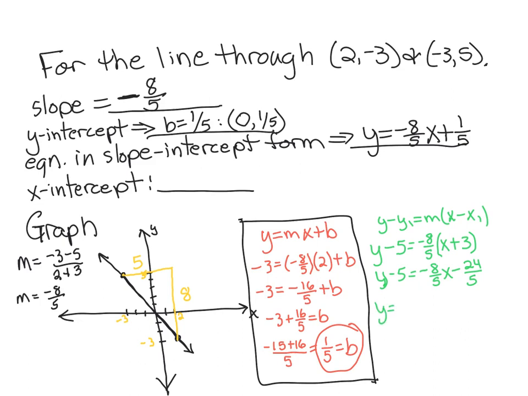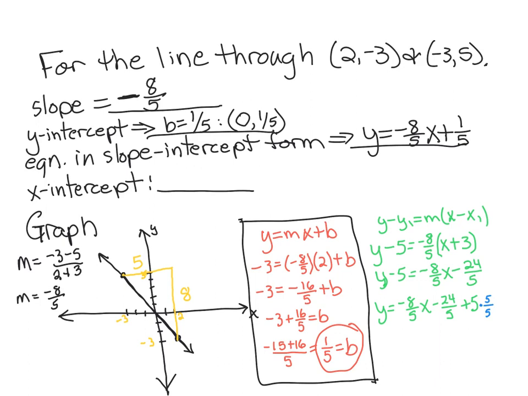y equals -8/5 x minus 24/5, that was there, plus 5. Common denominator, I have to multiply, hold on, let me change my color. I have to multiply this by 5 over 5 to get the common denominator.